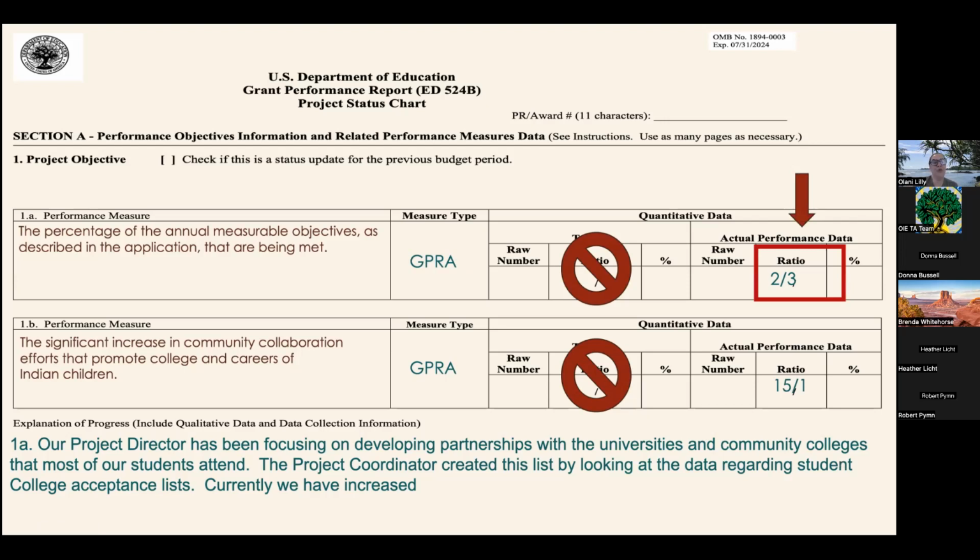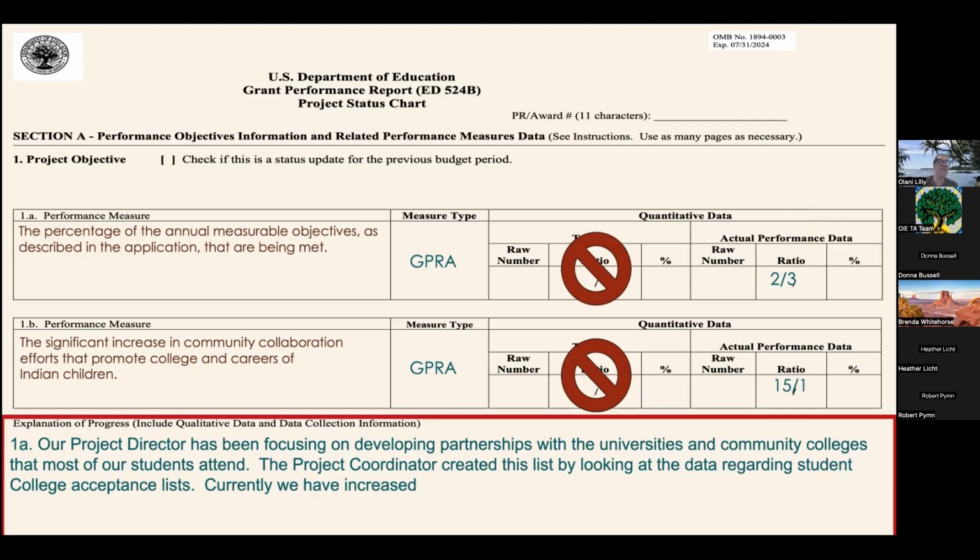We've met 2 of 3 of our project measures. My cursor keeps disappearing, sorry. And we provided a detailed explanation of progress there.